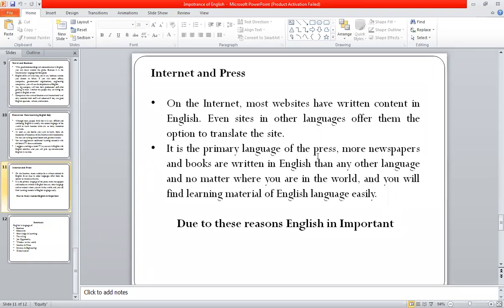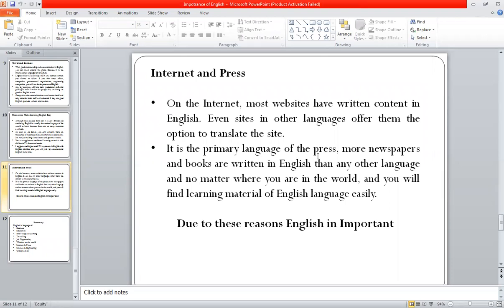And digital media means whatever news channels are there. You will have to watch the news of English news channels. It's very important, if you want to learn the English language easily, you will have to watch the news channels in English.